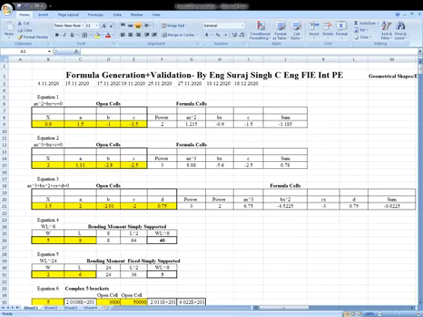I'll share with you some engineering layouts also later. Layouts means, you can say, township layouts.